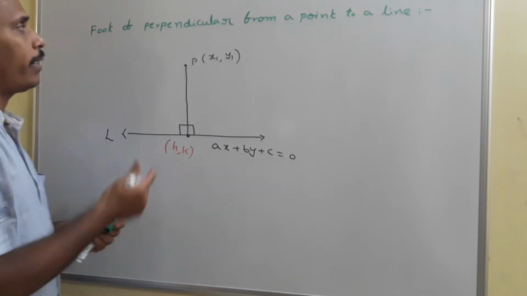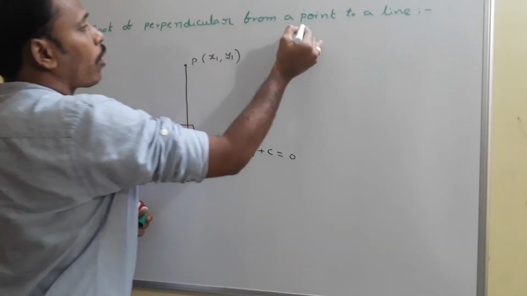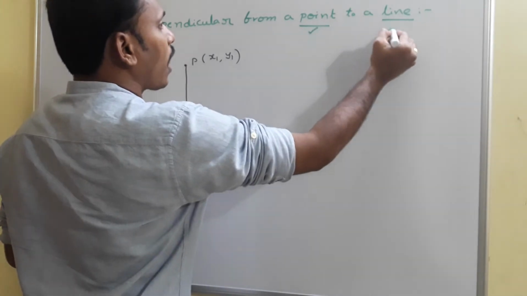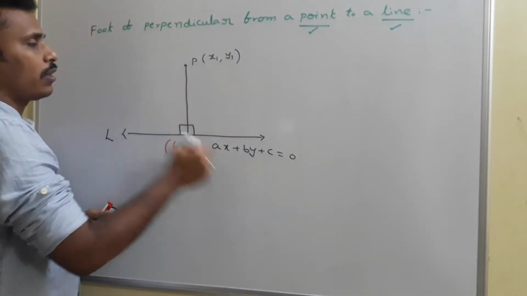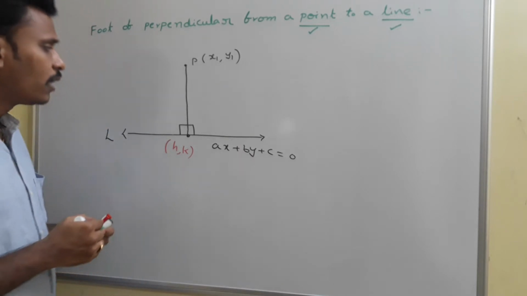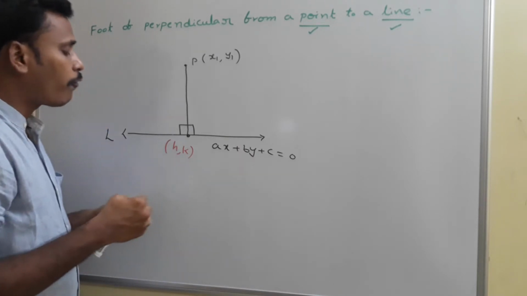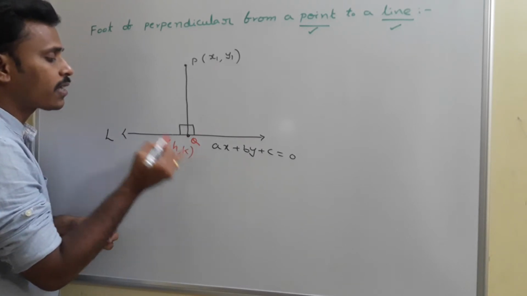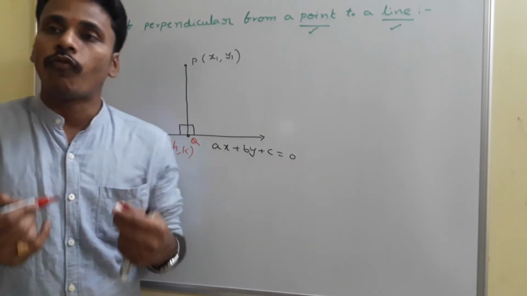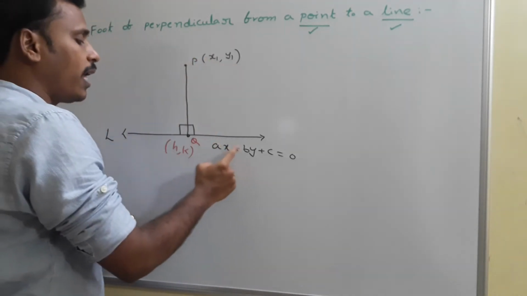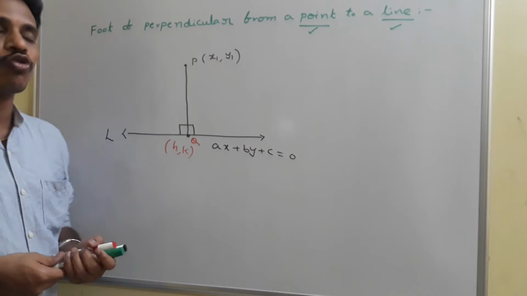Just look at the statement: foot of perpendicular from the point to a line. The point is given, the line is given, and we are going to find this (h, k). Take this foot of perpendicular point, name it Q, and its coordinates are (h, k). We need to find h and k in terms of x1, y1, and the coefficients a, b, c have to be involved.